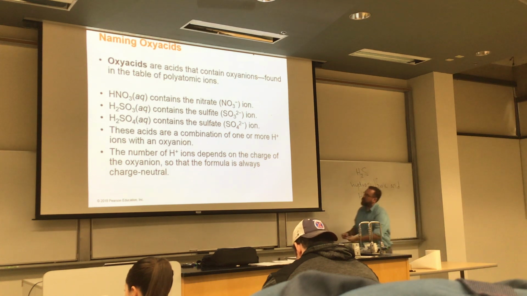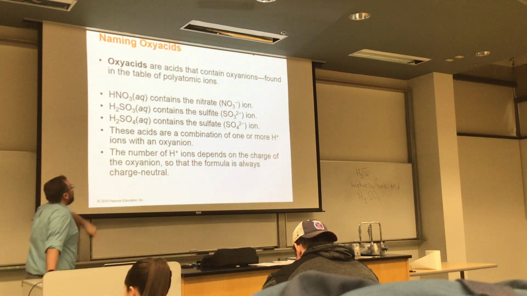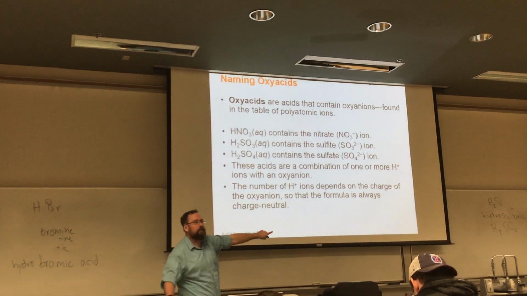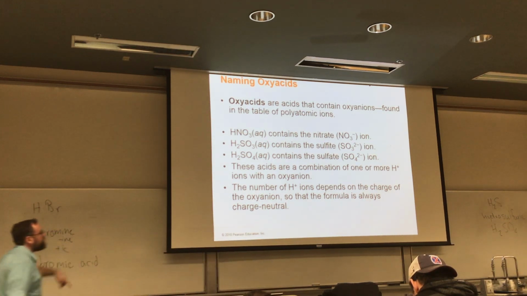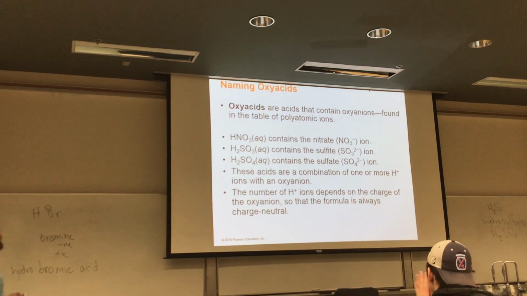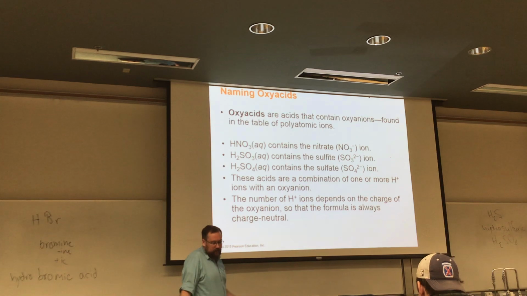H2SO4. Ooh. Oxyacids are acids that contain, we'll get back to that in a second. Let's get all the rules out before we worry too hard about it. They contain oxyanions, and we're learning a set of them. HNO3 contains the nitrate ion, H2SO4 the sulfate ion.